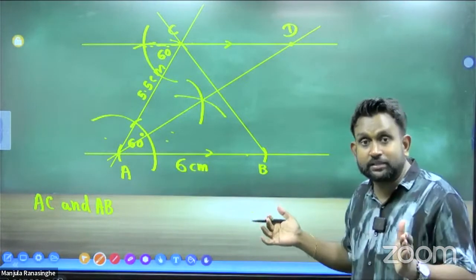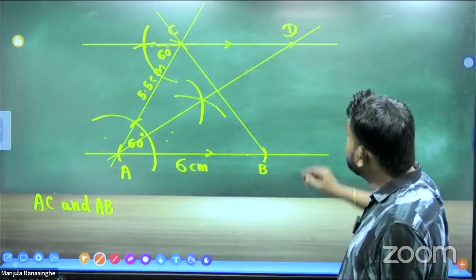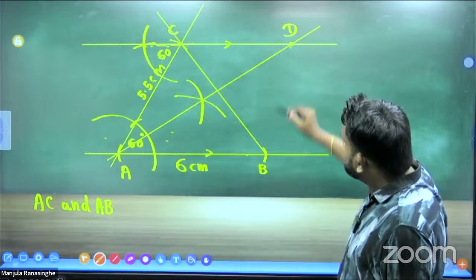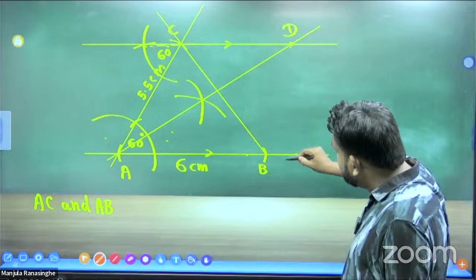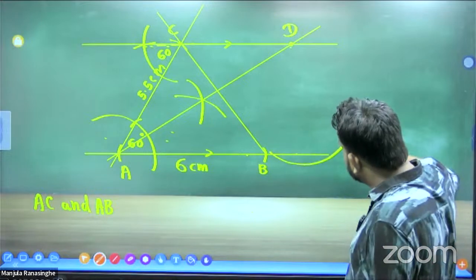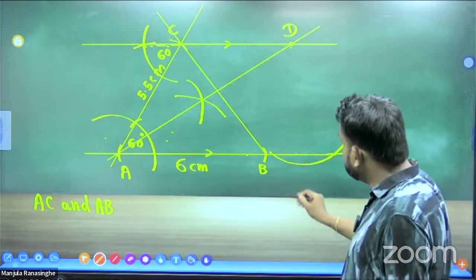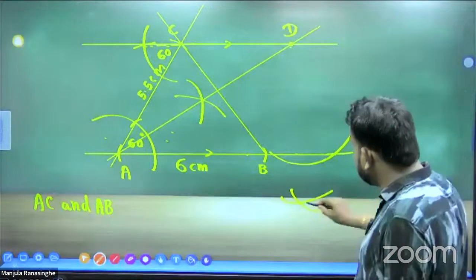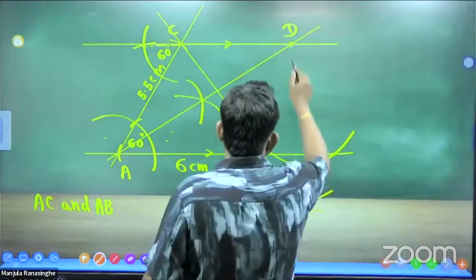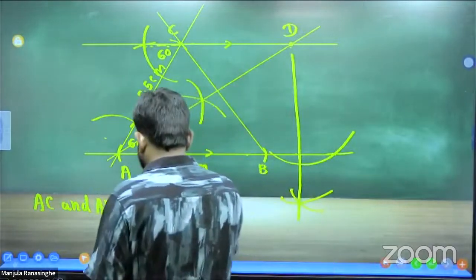But here I didn't take the measurements. So I draw from here to here. How to make the perpendicular: from here, keeping the compass here, take a distance near to that but more than that, and make an arc in this manner. Okay, then what happened? These are the two cutting points. Keeping here, make an arc here, keeping there, make an arc there. Now you connect this point and these points together as a 90-degree line.